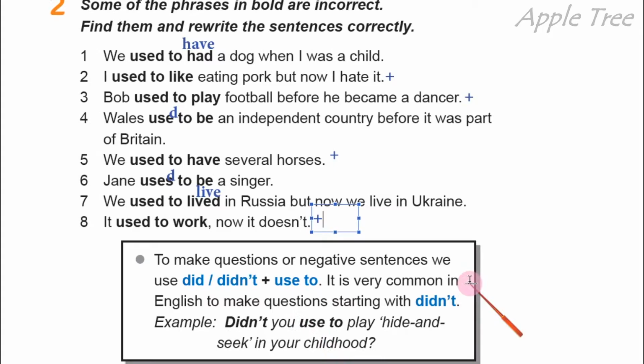It is very common in English to make questions starting with didn't. Дуже є розповсюдженим в англійській мові формат питань, який починається з didn't, із заперечення. Didn't you use to play hide and seek in your childhood? Невже ти не грав? Мається на увазі, отак перекладається. Невже ж ти не грав у хованки у дитинстві?